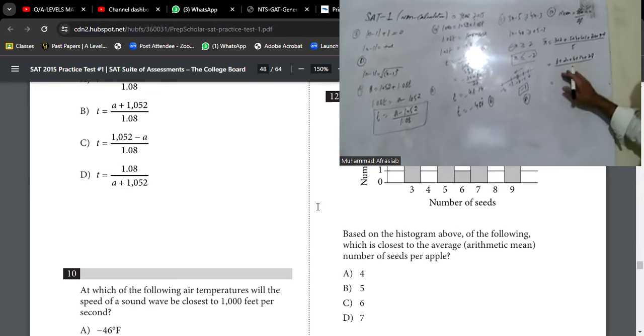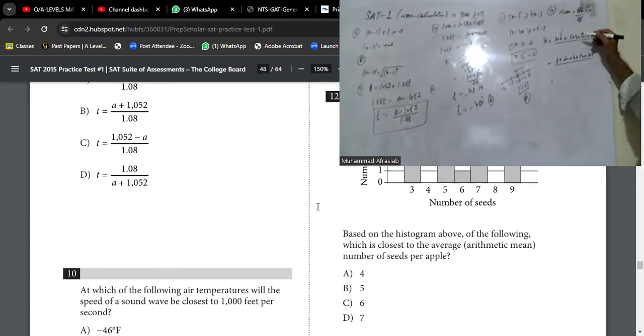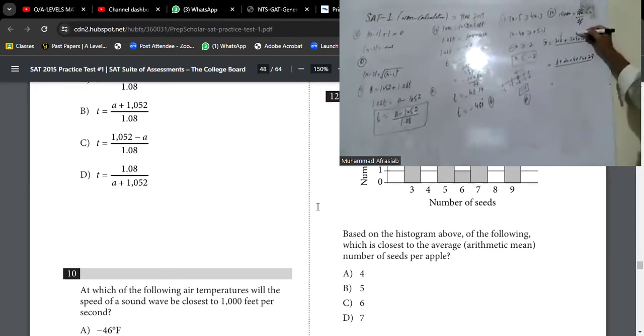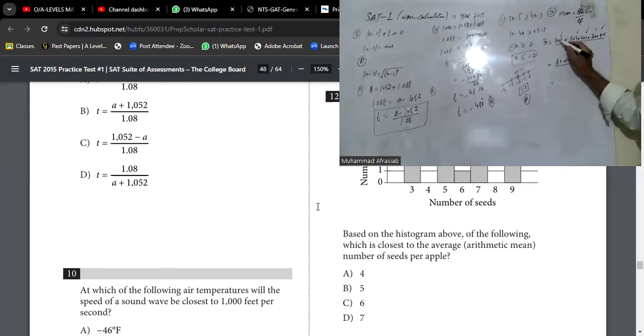So the number of observations are 2 plus 4 plus 1 plus 2 plus 3.